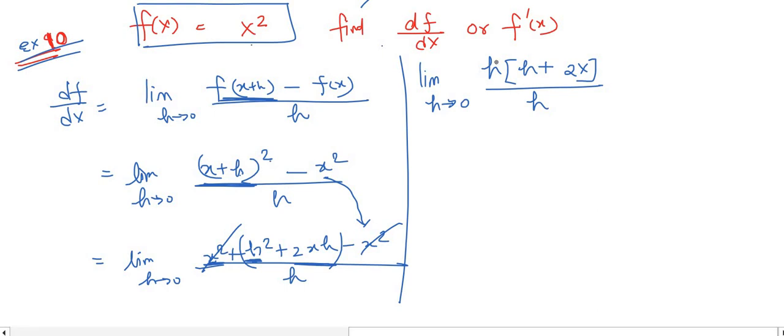So now h and h will cancel. Fine. So what we will get, limit h is tending to 0, h plus 2x. So when I put limit, so what it will become? It will become 0. So answer will be 2x.